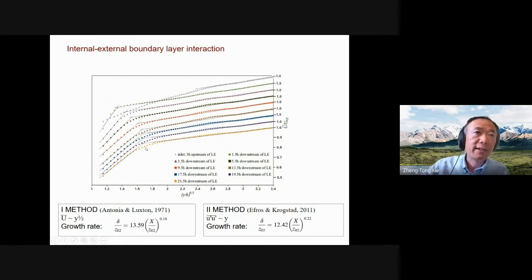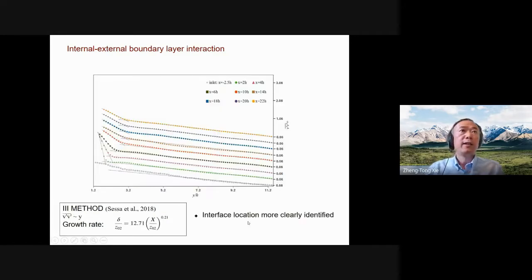Yeah. So it's clearly there is an interface, and people before tried to parameterize or fit a function like that or this. And if you use the vertical turbulence variance, sometimes you find it may be easier to identify the interface between the internal and external boundary layer.